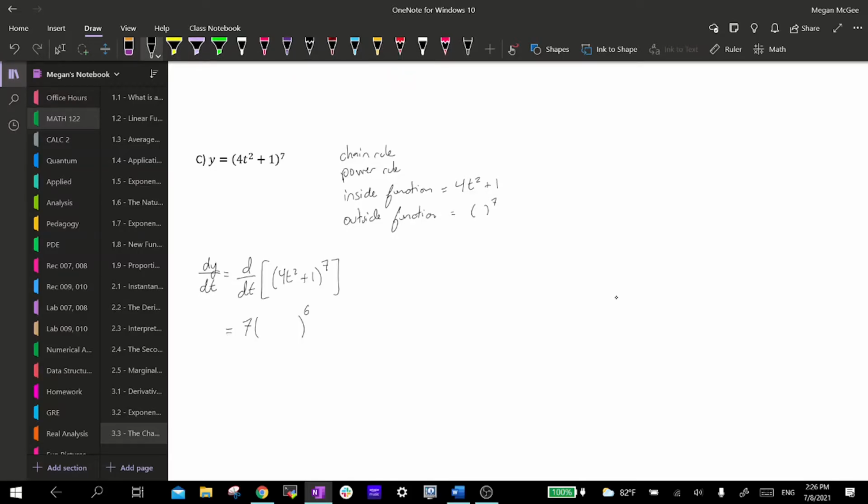But then we leave the inside function alone. The inside function is the same. Okay, so again, this is our derivative of the outside evaluated at the inside, so you plug the inside back in, times then our derivative of our inside function.